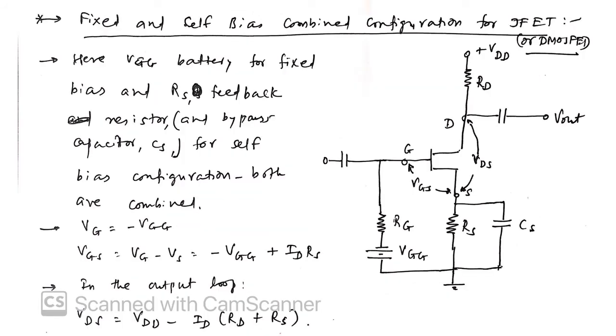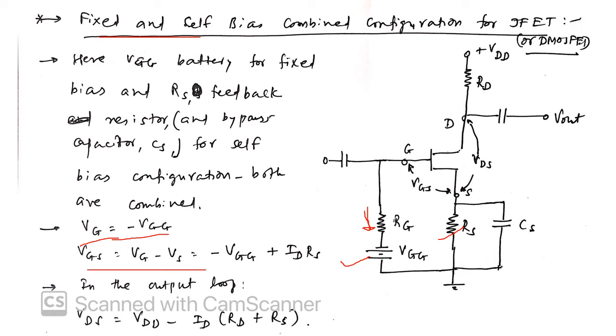Let us look at another type of biasing condition, where we have fixed and self bias combined. That means we are providing the VGG battery as well as the RS feedback resistance. In this case, because IG is equal to 0, there is no drop across RG. So VG is simply minus VGG.